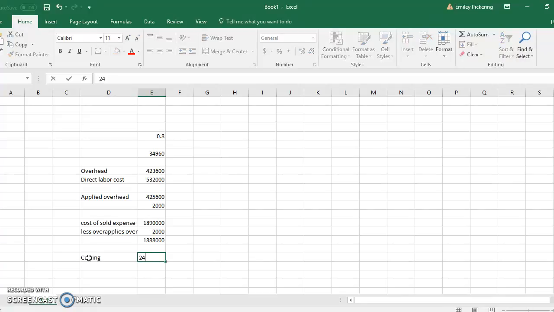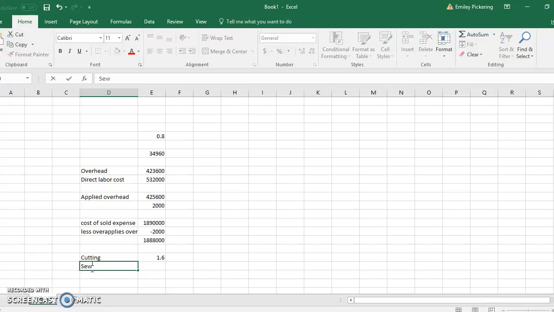We have 240,000 of total overhead for that, and I'm going to divide that by 150,000 machine hours. That gives me $1.60 per machine hour.